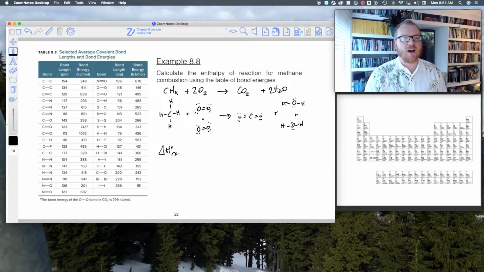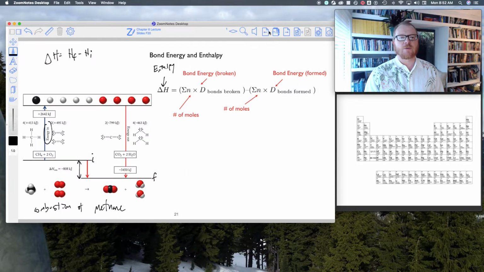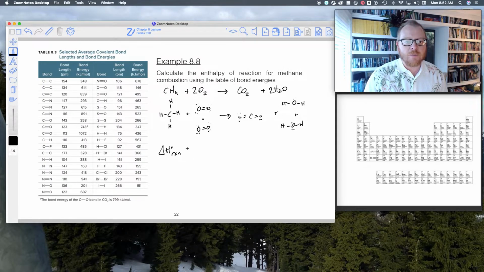So delta H of reaction is, let's remind ourselves, bonds broken minus bonds formed. For my bonds broken, I'm going to have 4 carbon-hydrogen bonds: 1, 2, 3, 4. So 4 times, where is it?